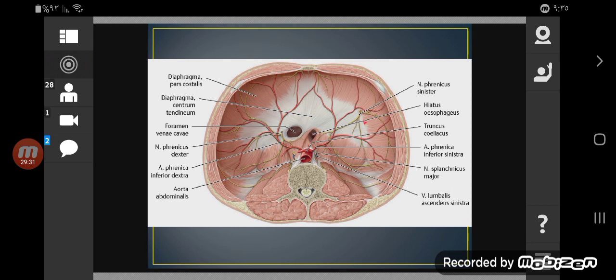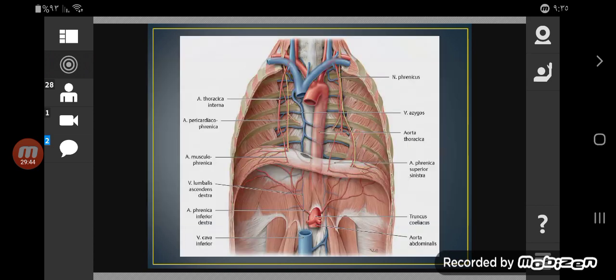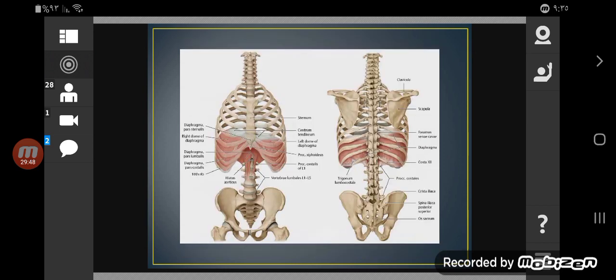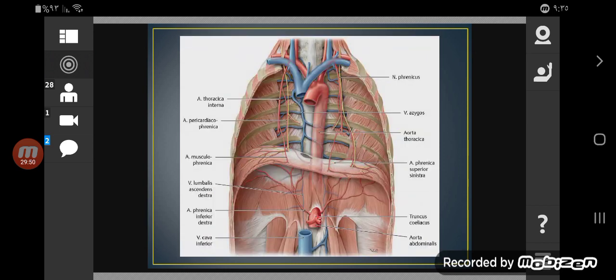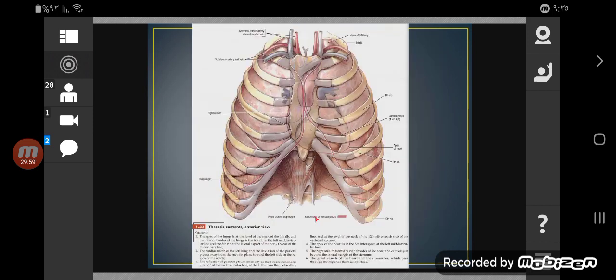You can see the phrenic nerve on the left side and the right side penetrates the diaphragm for innervating these important respiratory muscles. The inferior phrenic artery arises from the abdominal aorta. This is the aortic hiatus, the aortic orifice of the diaphragm, as you see in this picture.